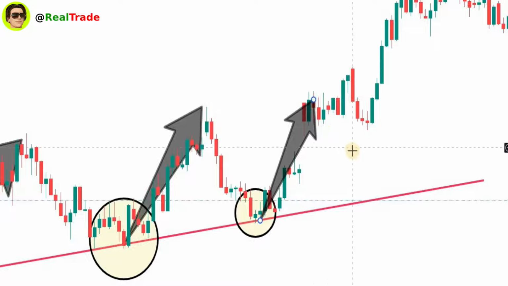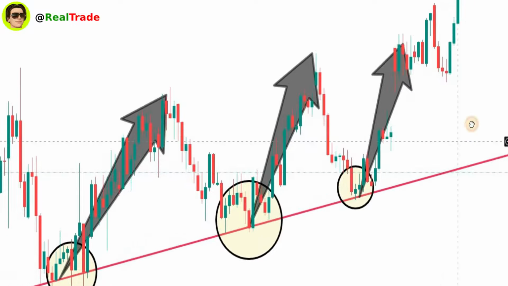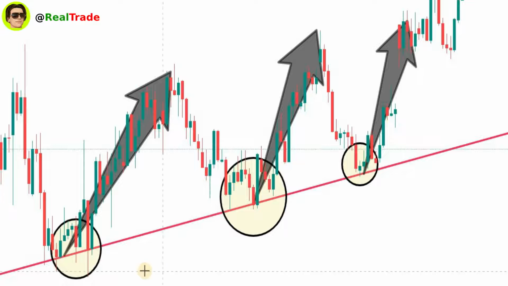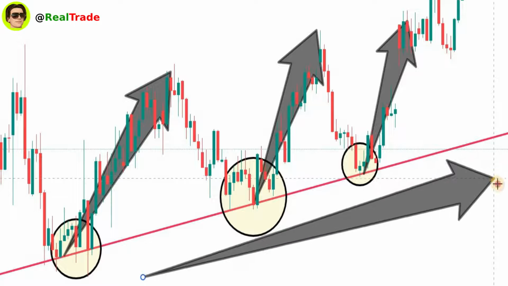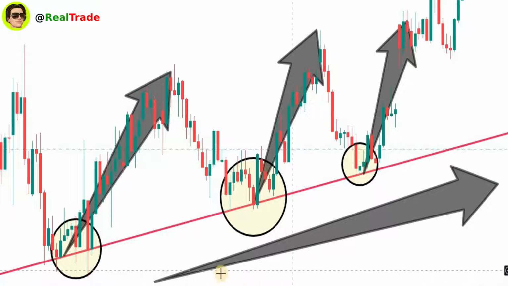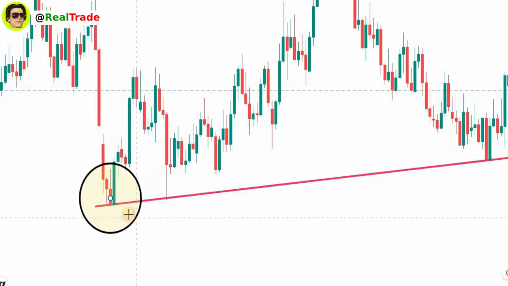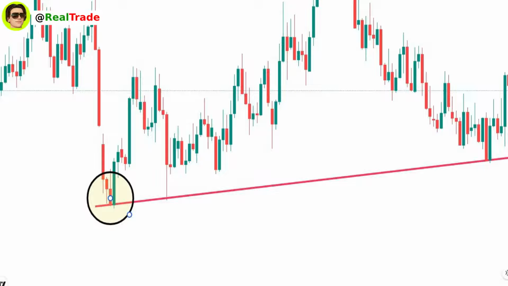After two touch, I wait for three touch. Yes, this point, go buy. One touch and back price, two touch and back price, three touch is position.